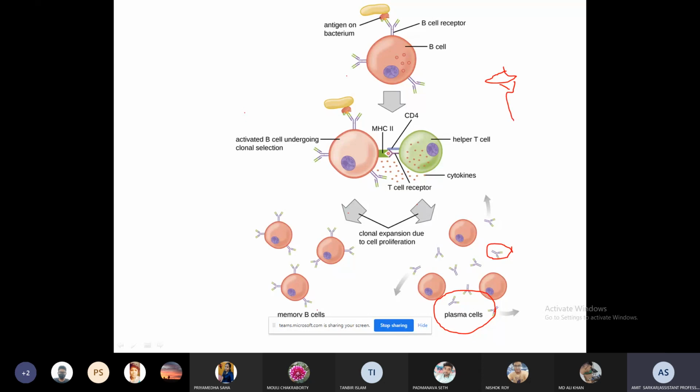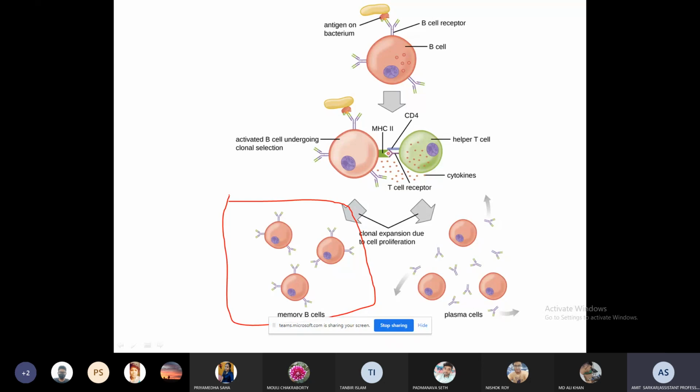But on the other hand, another class of cell differentiates into the memory cell. They are not releasing any soluble antibody. They are only staying there for a long time with the same membrane-bound antibody. So one particular clone, one particular group of cells, will be there for a very long time.